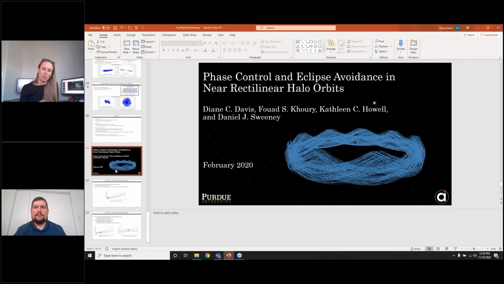However, we've used the optimizer to help us select the correct thruster. So if we want a burn in a particular direction, and we have several available thrusters on the spacecraft, we can use the FreeFlyer optimization to select the thruster pairs or combinations that will give us the burn direction that we want.